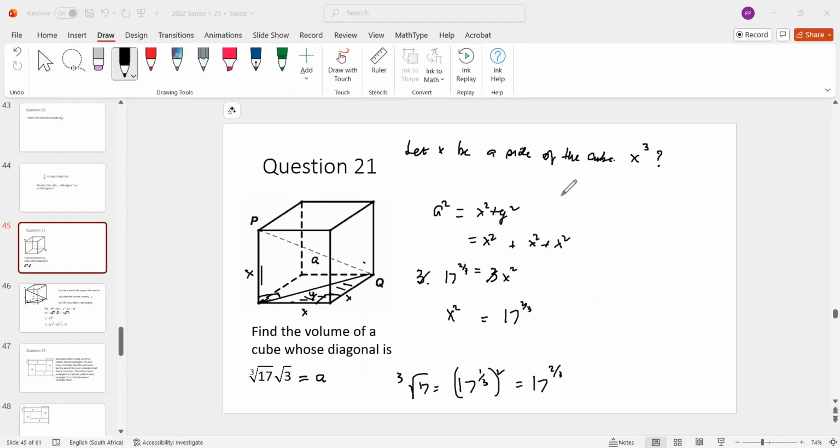Right? But I wanted an X cubed. So how do I get X cubed? To get X cubed, I have to raise this to the power of 3/2. Then 2 times 3/2 is 3. So therefore I must raise this to the power of 3/2, because they are both equal. And now, lo and behold, 2/3 times 3/2 is just 1.